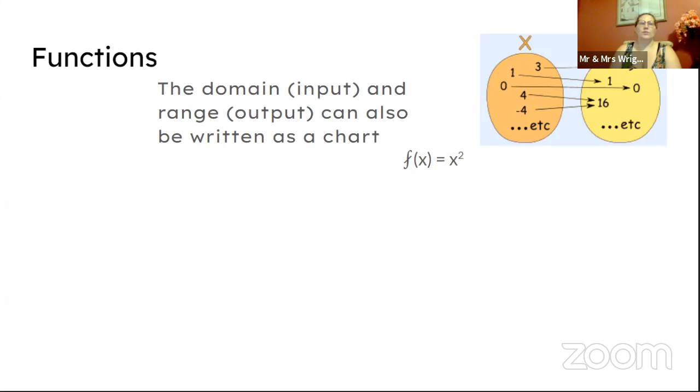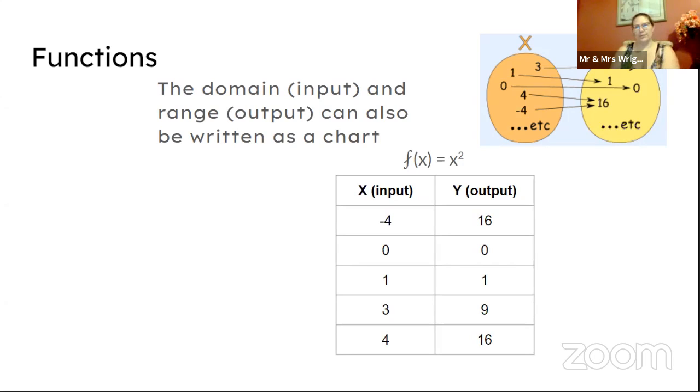Well, D comes before R in the alphabet and X comes before Y in the alphabet. So it's easy to remember. You put the D, domain, with the X, the input, and the range, the Y, with the output. They're all in alphabetical order. So if you just remember that, you should never get it mixed up.